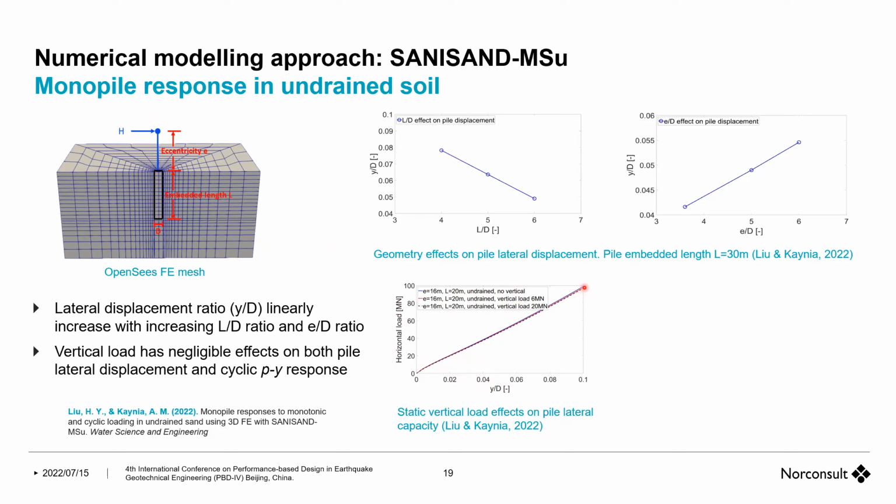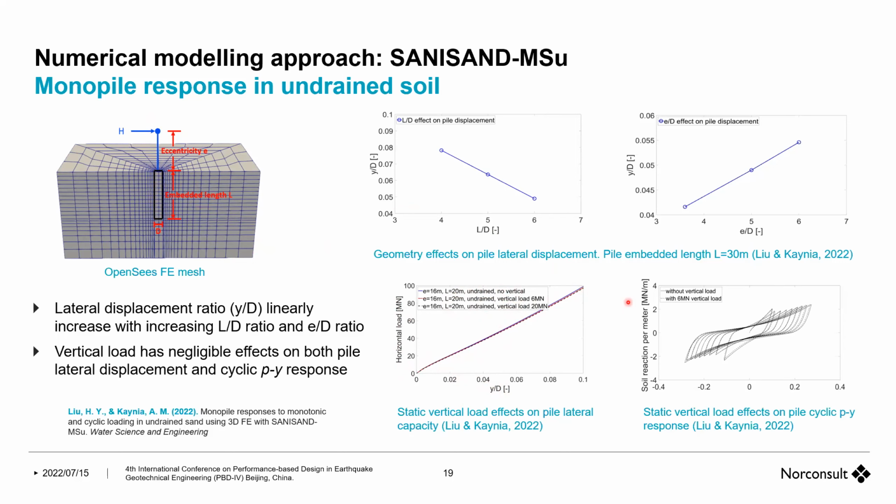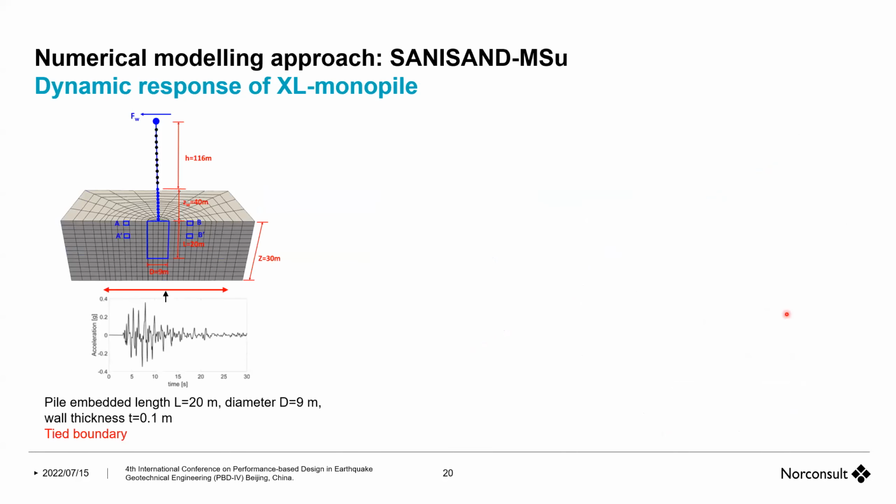The 2 phenomena are kind of separate. And this shows the development of these PY curves with and without inclusion of vertical load. This is very interesting. That shows that one could separate them.